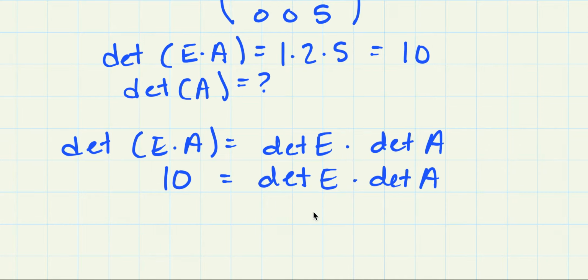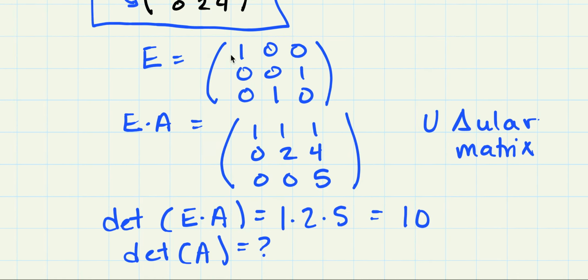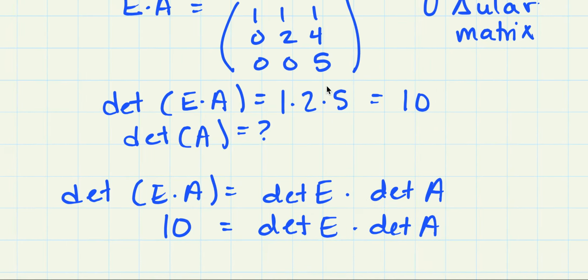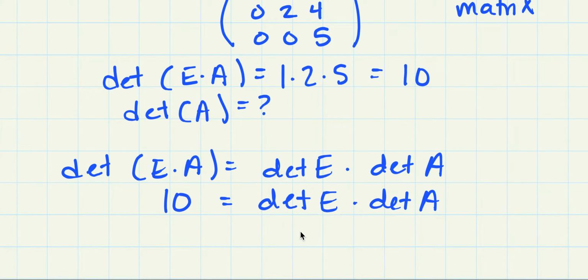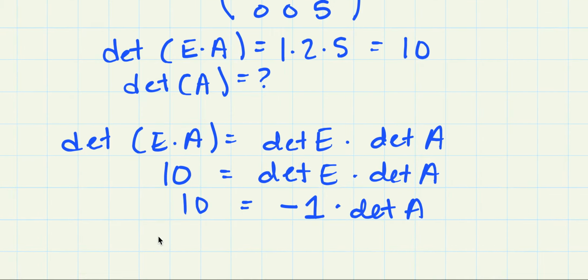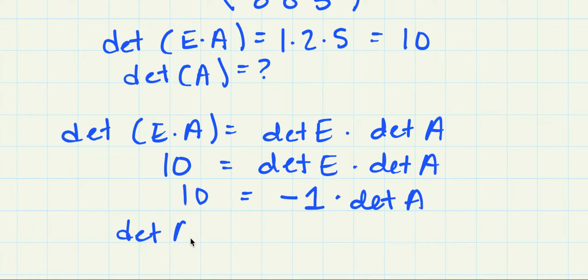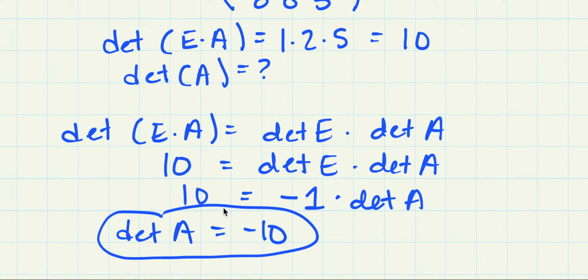And E is an elementary matrix, a type 1 elementary matrix, right? Because we switched 2 rows, and we know that for a type 1 elementary matrix, its determinant is -1. So that tells us that the determinant of A is -10, just by dividing both sides by -1. Interesting.